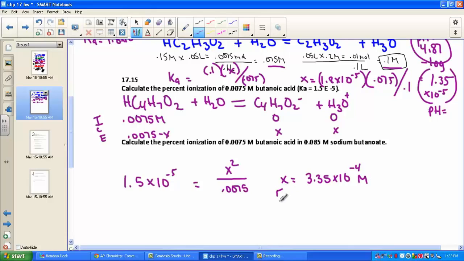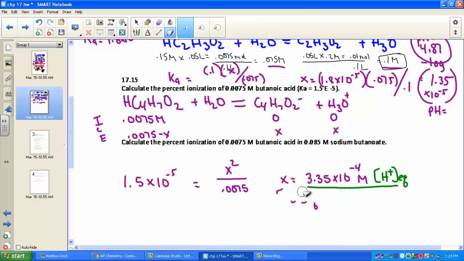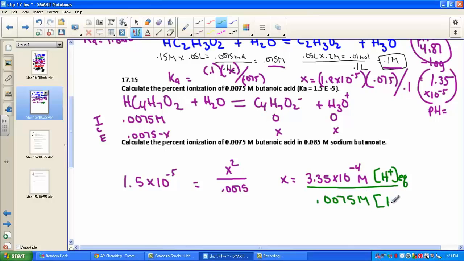Remember, that's the molarity, where this is the hydrogen or hydronium at equilibrium. To find the percent ionization, we just simply want to compare this value of X to the original concentration. So we take the hydrogen ion at equilibrium, or hydronium, same thing, and set that over the original concentration of 0.0075 molar. That was our weak acid initially.